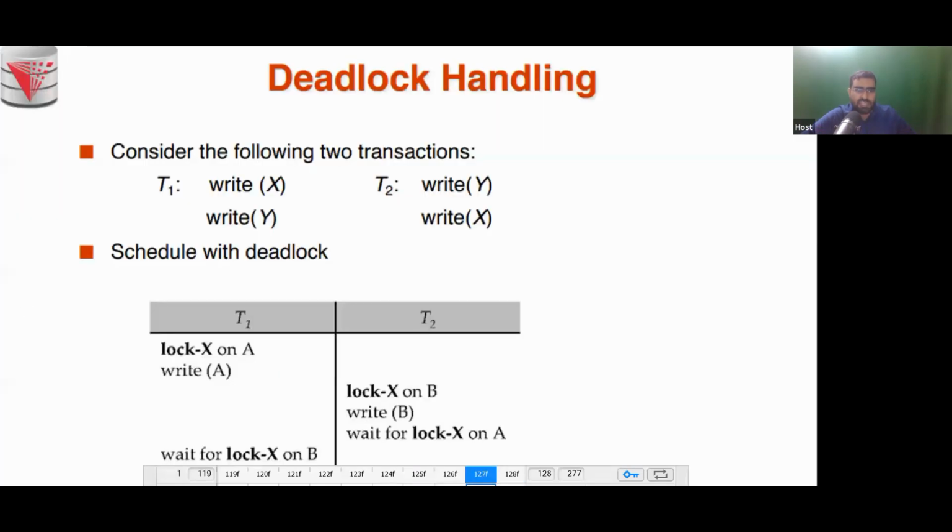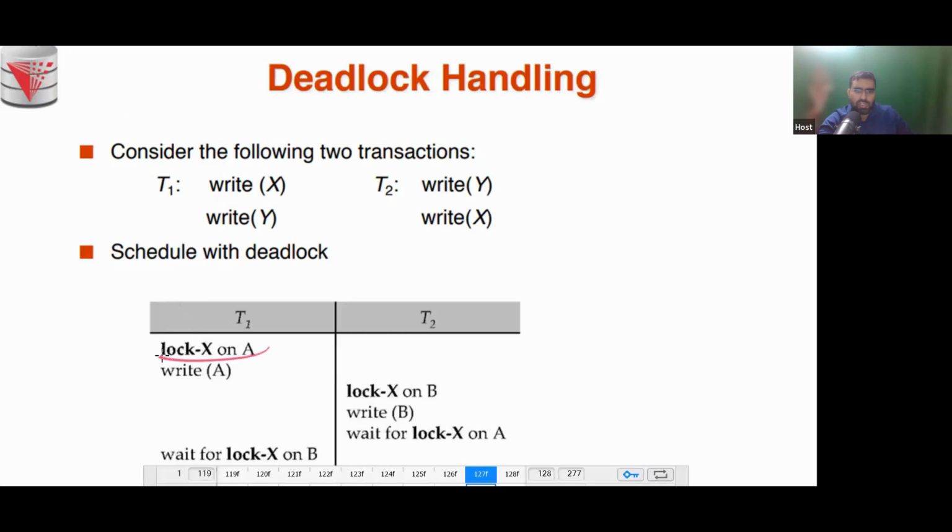So we have already seen that in the two-phase locking protocol, deadlock is possible, correct? For example, if your transaction T1 is write X, write Y, and your transaction T2 is write Y, write X, then in two-phase locking this deadlock is possible. What will you do?